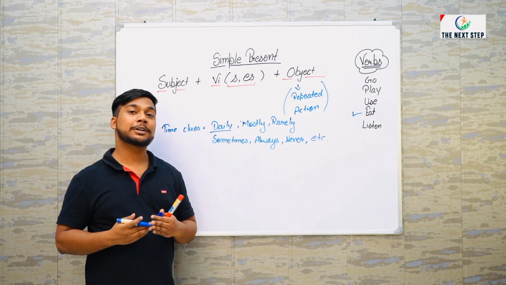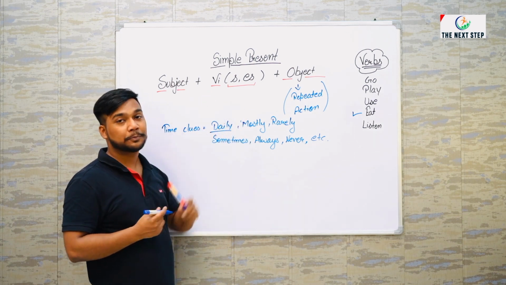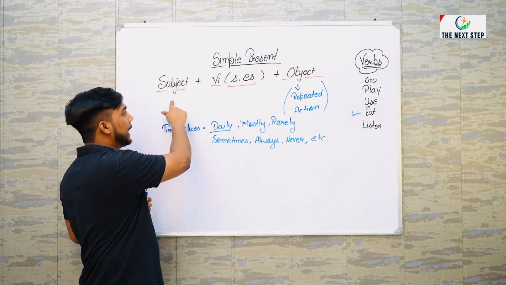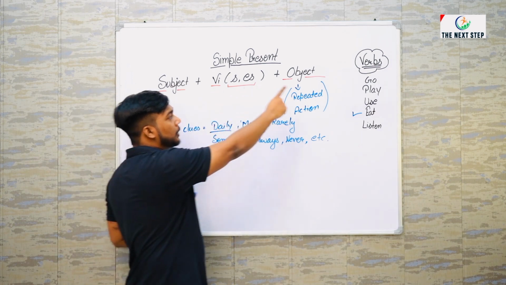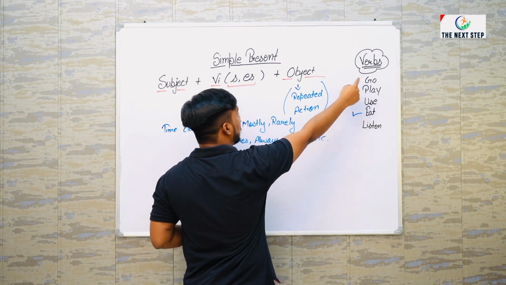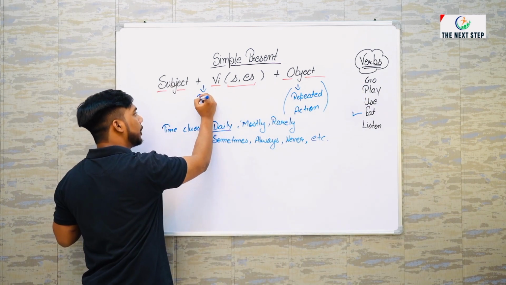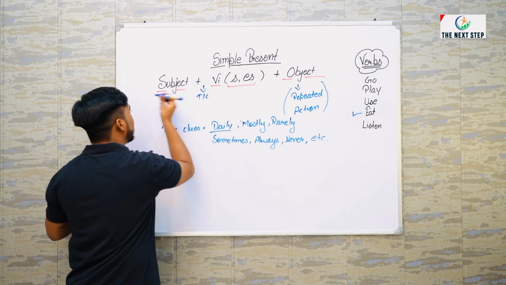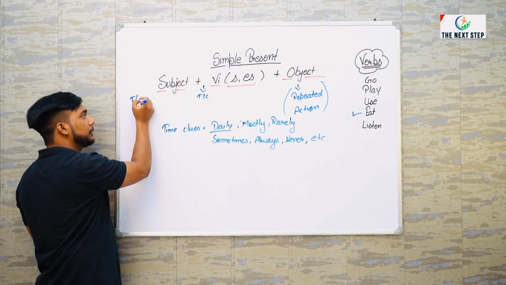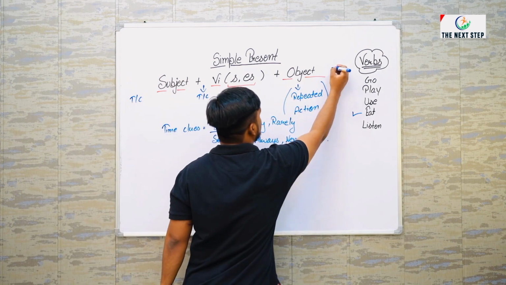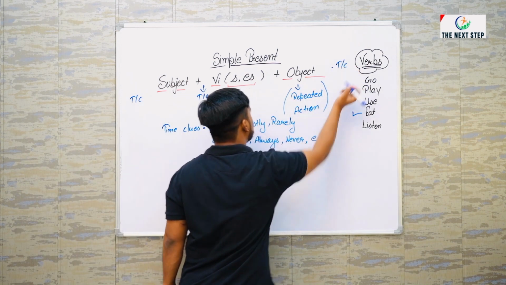So when I use the word daily, I need to use this rule. Like I daily go. Okay, you can add your time clues here. You can add it in the beginning also, or you can add it at last. Choice is yours.